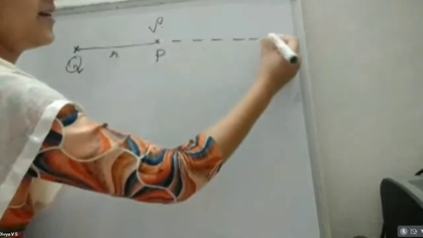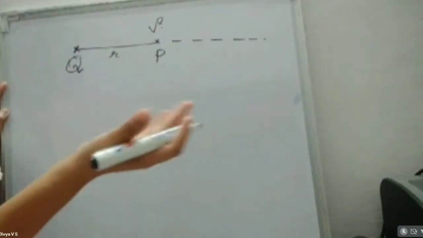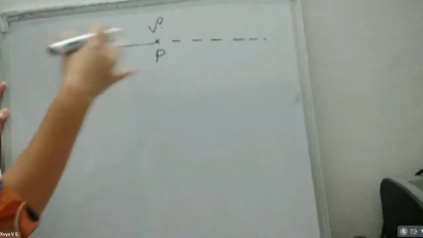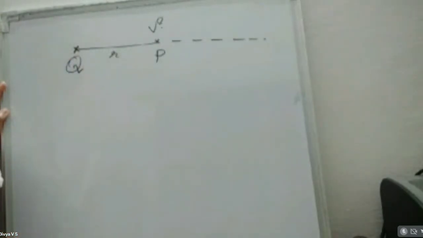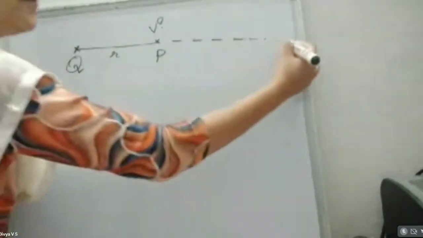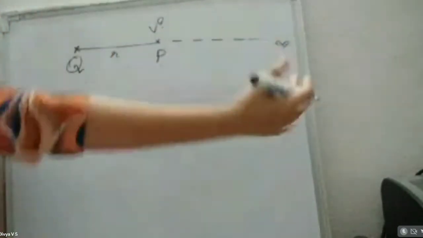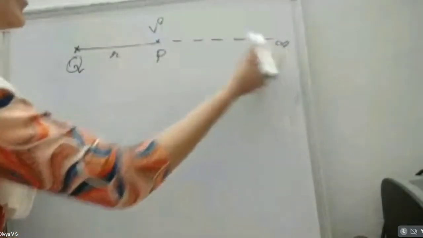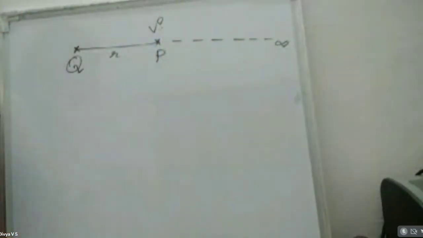So, from infinity, we can bring it through any path. The path structure is not important there. Now, we are assuming that it is a straight line. From infinity means a large distance. From infinity, we are going to bring a unit positive charge, which is known as test charge, and keep it at this particular position.